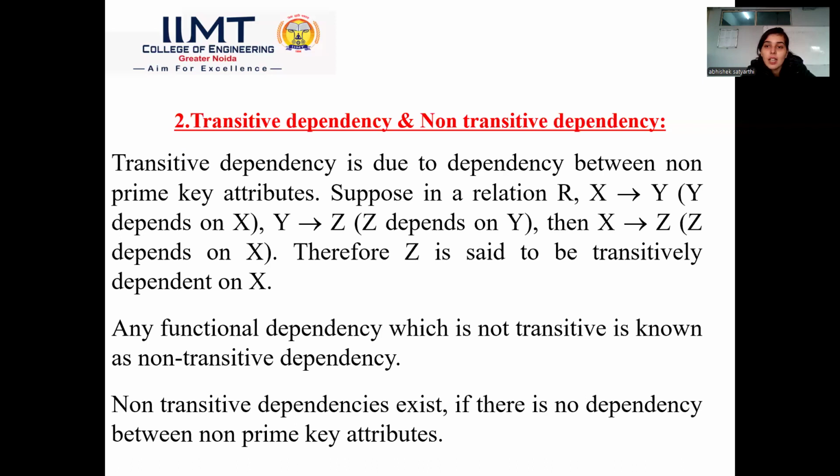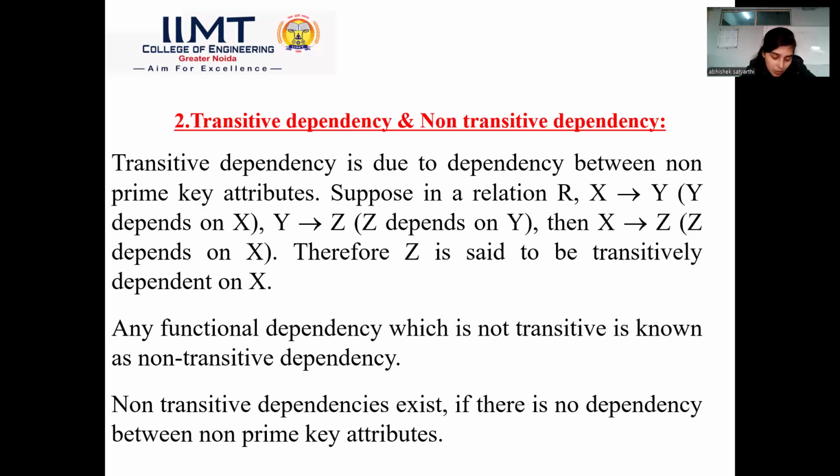Suppose in a relation R, if X derives Y, it means Y depends on X. And if Y derives Z, it means the right hand side depends on the left hand side, so Z depends on Y. Then we can write that X derives Z, it means Z depends on X. Therefore, Z is transitively dependent on X. Any functional dependency which is not transitive in nature is known as non-transitive dependency.